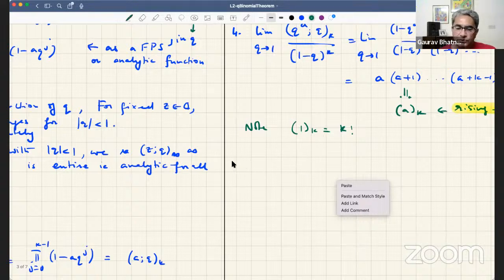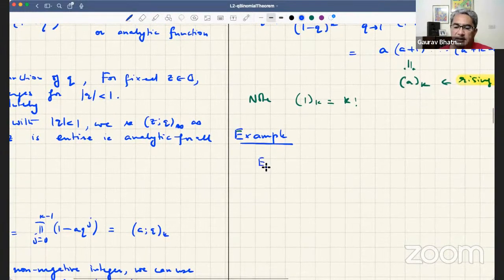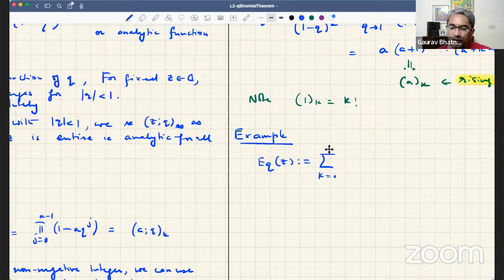All right, so this is just some notation. Let me show you a function which I mentioned in the exercises. Let me just examine that for a bit. This is E_q(z), which was defined to be the summation from k going from 0 to infinity of z^k over (q;q)_k, and this is equal to 1 over (z;q) infinity.